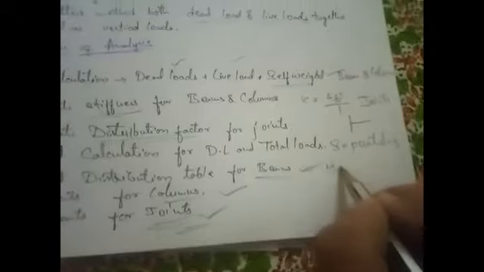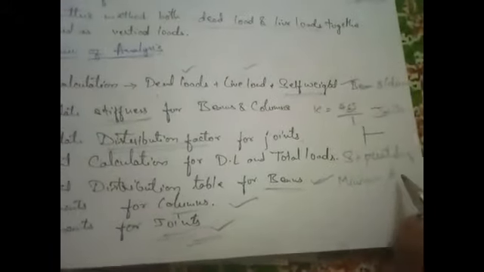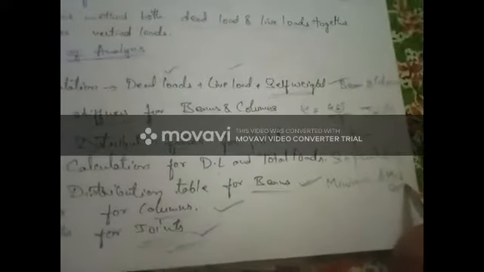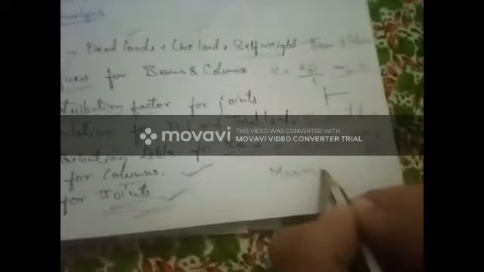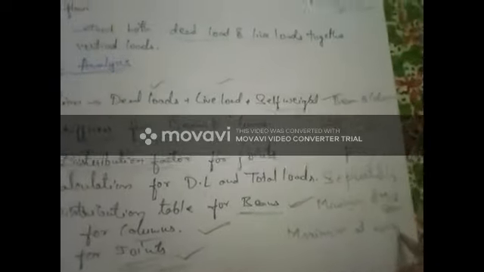In the first case, we will consider the minimum loads at midspan, and next the maximum loads at midspans. What are these minimum and maximum loads? Suppose this is our total frame.